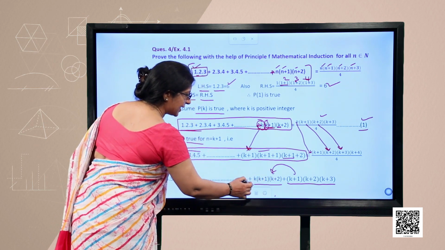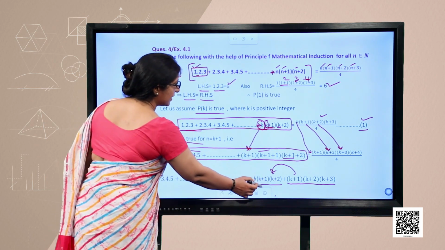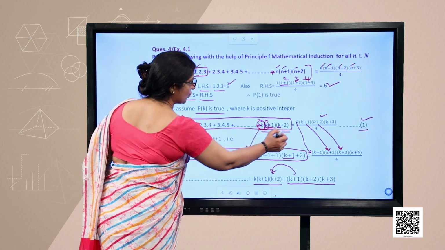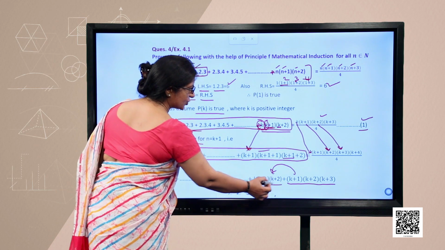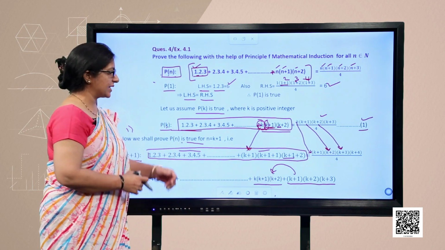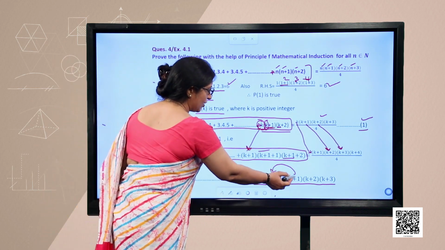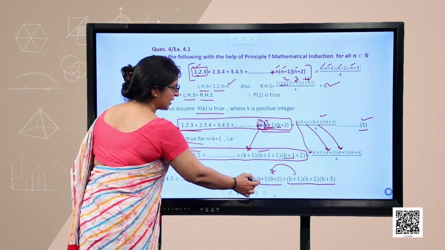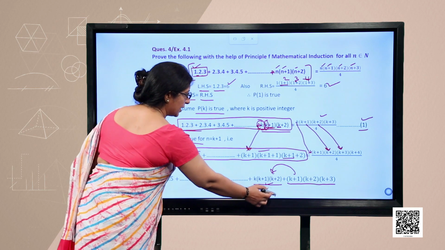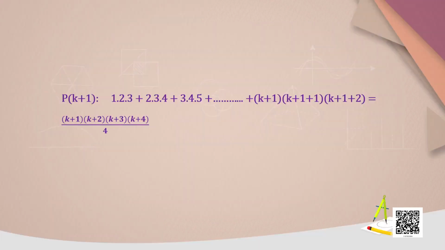That is the kth term, and the kth term from equation k, as you can see, is k into k plus 1 into k plus 2, and the next term is the k plus 1th term. We can always write the previous term and also the one before it, but here we require this term only. Now, I have rewritten the statement to be proved, which is Pk plus 1.